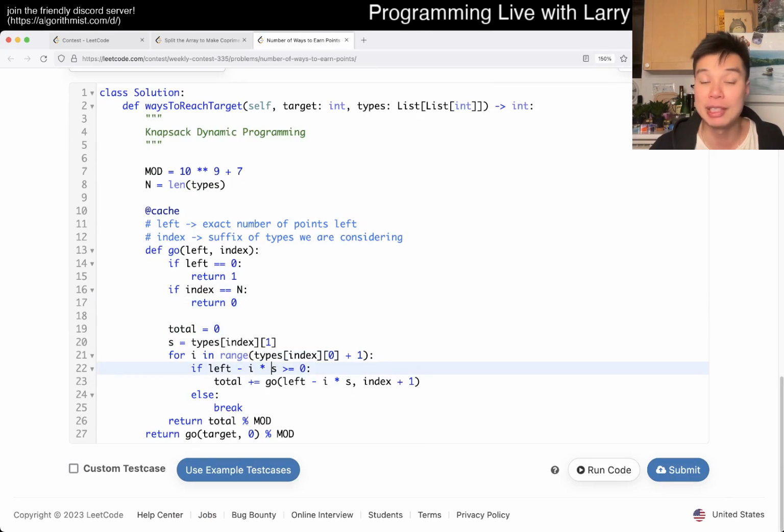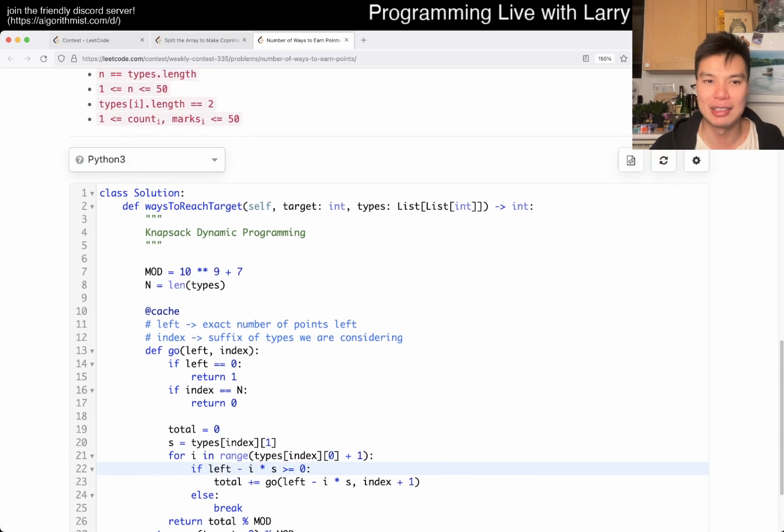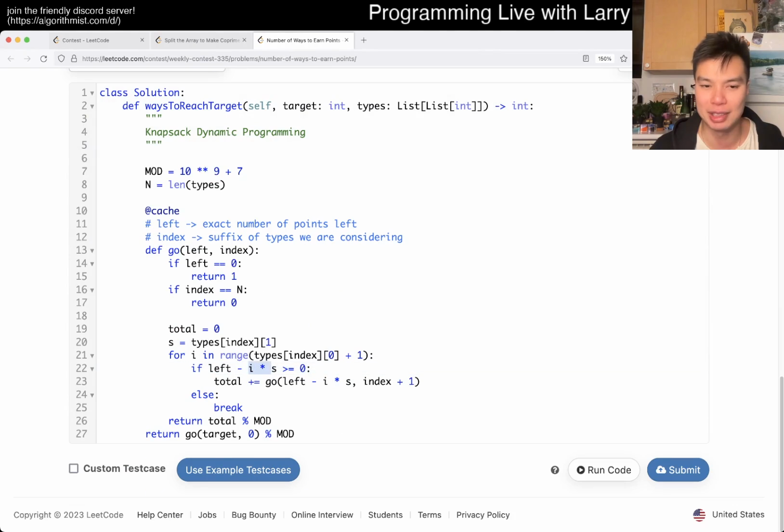So now we just literally brute force, okay, what if we have 0 of these? What does that change the target, right? And it wouldn't, because then it would be 0. So this part is 0. So left would still be left. And then you just subtract 1. If there's one of these, then you subtract 1 times the score, which is also given in the input. And then you recurse on it and you look at it.